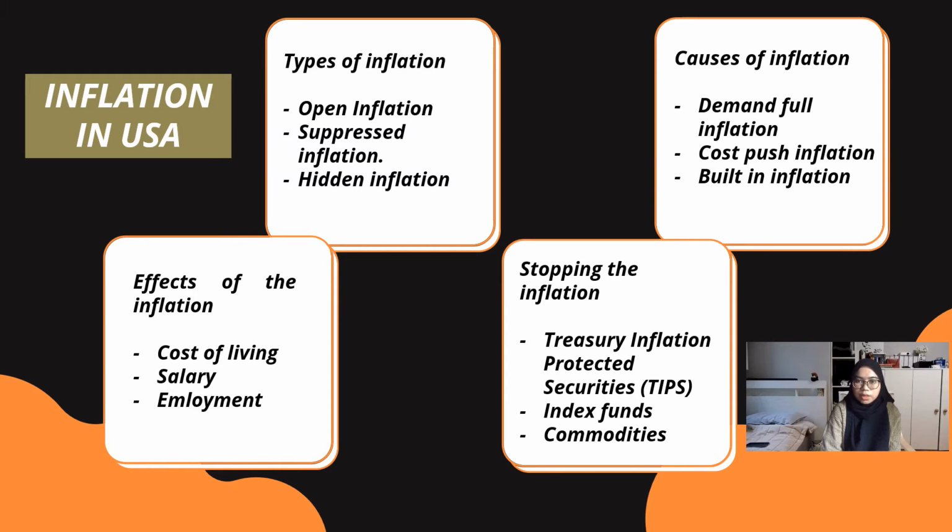Second is suppressed inflation. If state officials take administrative steps to restrict or even prevent price rises, rare commodities, the shadow economy, and other factors all contribute to this situation.